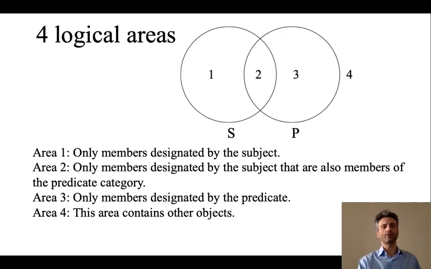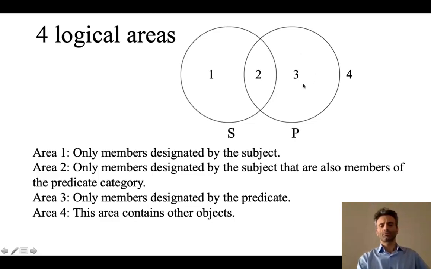They're all here in area 1. So if you are blonde and you're not beautiful, you live right here in area 1. If you are blonde and you are beautiful, you are right here in area 2. How many beautiful blonde people live in area 1? Again, zero. They're all here in area 2.